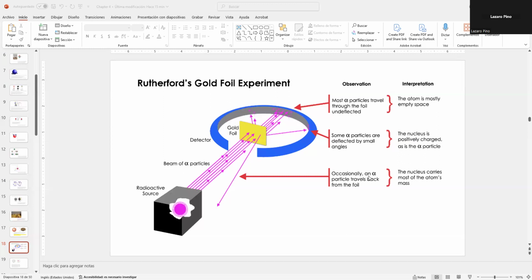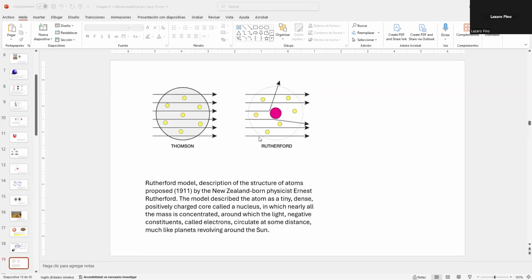And also, as some alpha particles travel back, he said that the nucleus carries most of the atom's mass. According to this, he proposed a different model from Thomson.